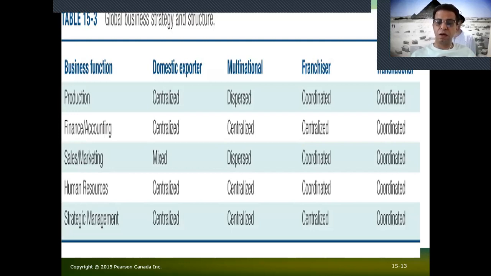If we look at human resources, in the domestic exporter it is centralized. In the multinational, also centralized. In the franchise, coordinated, and the transnational, coordinated. So each business function depends on the business strategy, and the global business strategy will define how you best operate.